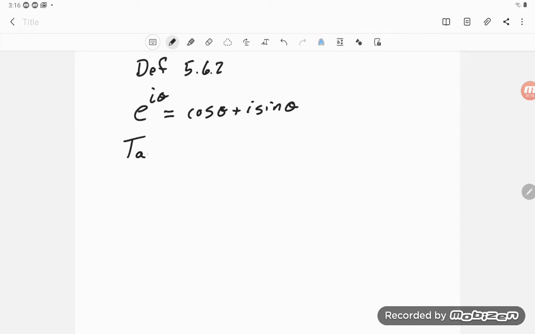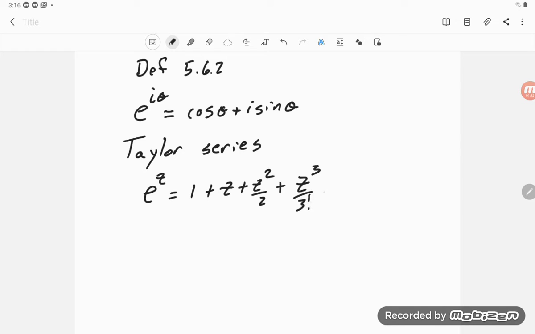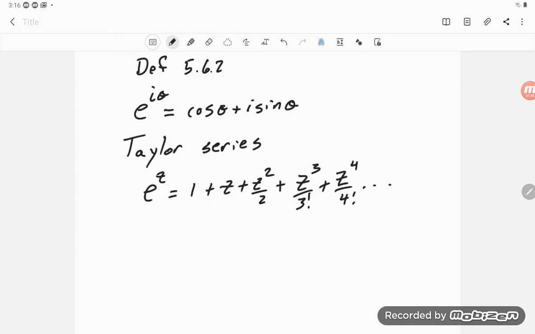If you look at Taylor series, then what we know is e to the z is 1 plus z plus z squared over 2 factorial plus z cubed over 3 factorial plus z to the 4th over 4 factorial, and so on.